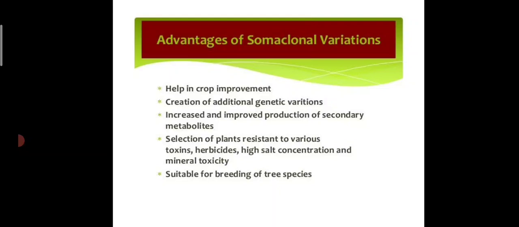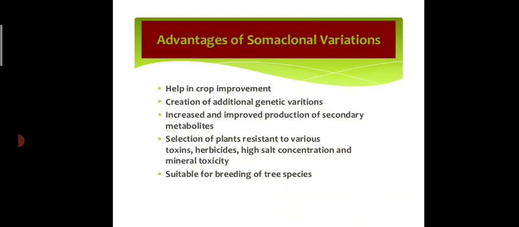Some of the somaclones will have variations that may help them attain disease resistance, or sometimes the changes may lead to an increase in the yield of the plant. So it may help us in the crop improvement process.